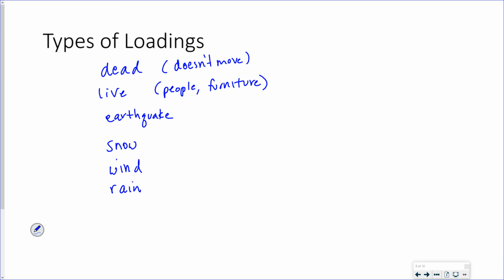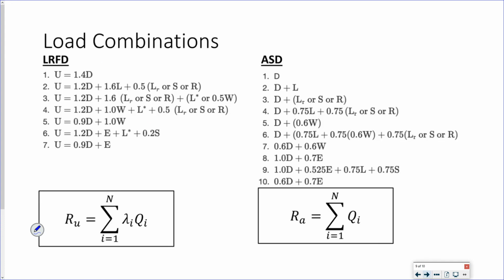We have all these different loadings, and we go to our load combinations. This is ASCE 7, section 2.4. We calculate all our loads, right? D for dead, L for live, live roof, snow, rain, wind, earthquake.